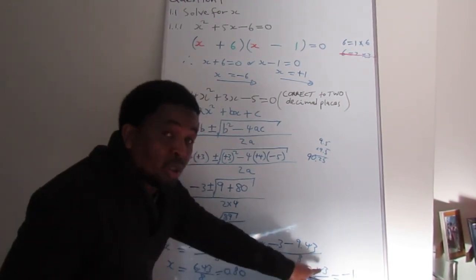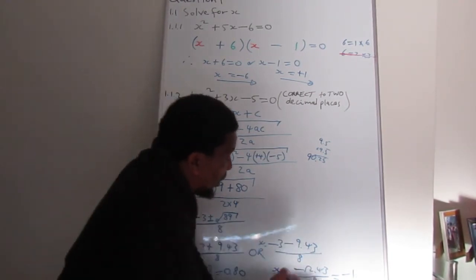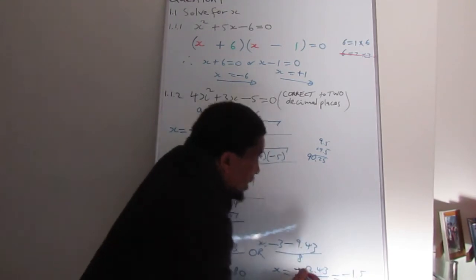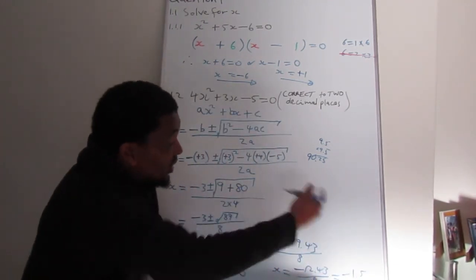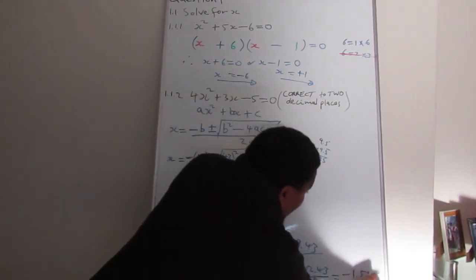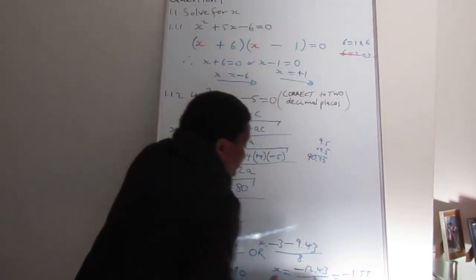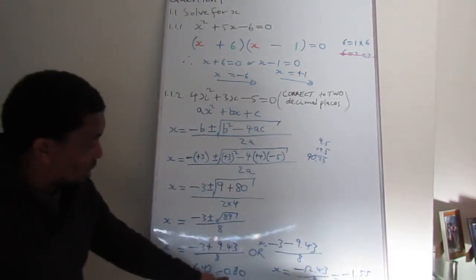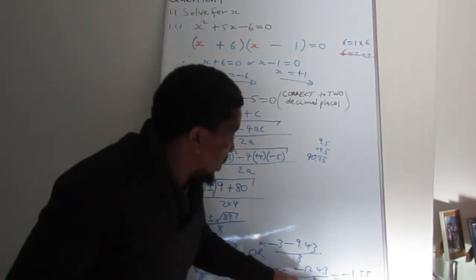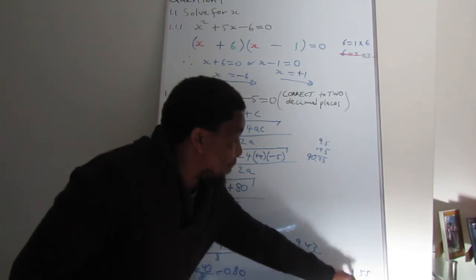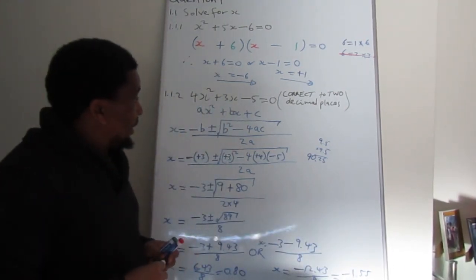How many 8s go into 44? About 5 times. 8 times 5 is 40, then the remainder is 4. In 43, it's also about 5 times. Therefore, x is equal to positive 0.80, or x is equal to negative 1.55.